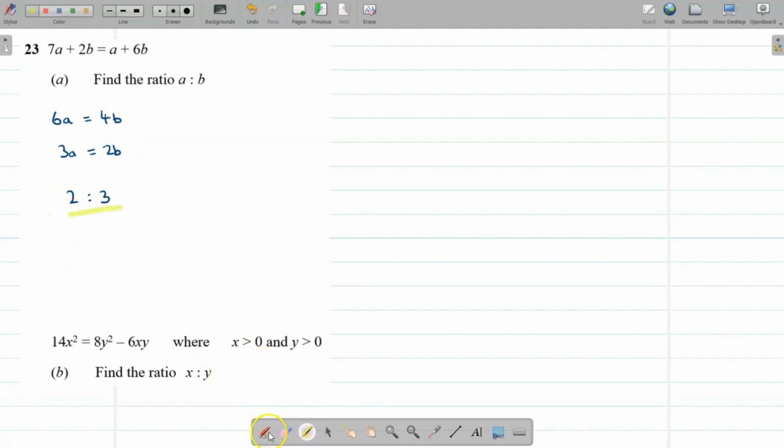Now the second question, a little bit more tricky. First of all, I would just divide everything by 2. So we can rewrite the whole thing as 7x squared equals 4y squared minus 3xy. Now if I bring everything over to the left, I'll be forming a quadratic with two variables.